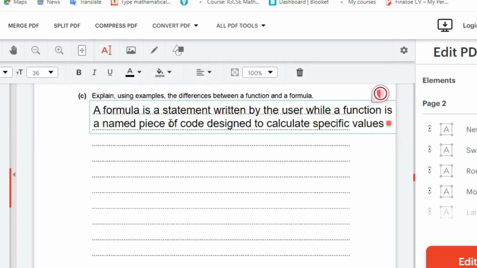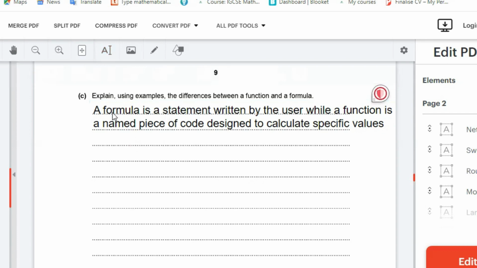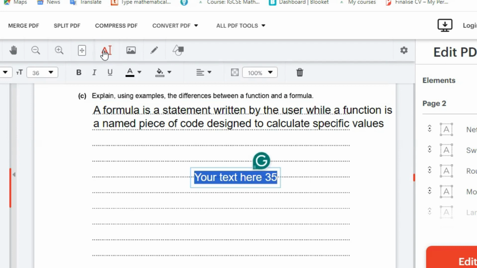It is a universally accepted function that an individual cannot change. All right. Another difference between formula and function is that a formula can contain functions.